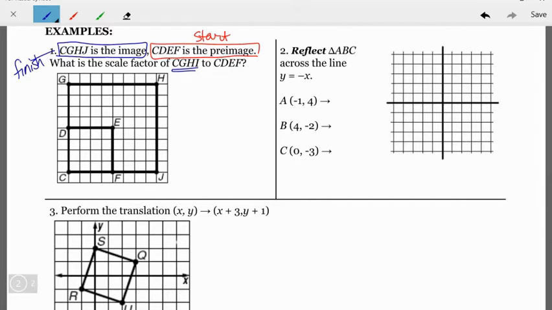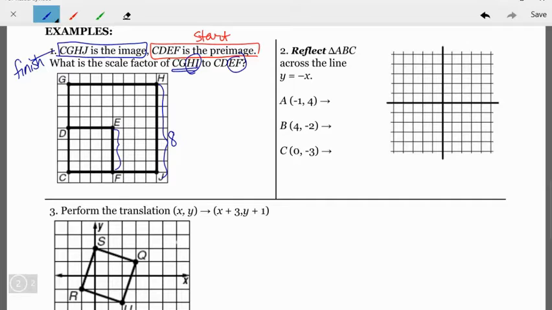What's the length of one side? Well, if you just count it out, we've got 8 units. What about the length of one of the smaller ones? So we're looking for scale factor of CGHJ to CDEF. So look at the corresponding side. Again, HJ and EF.